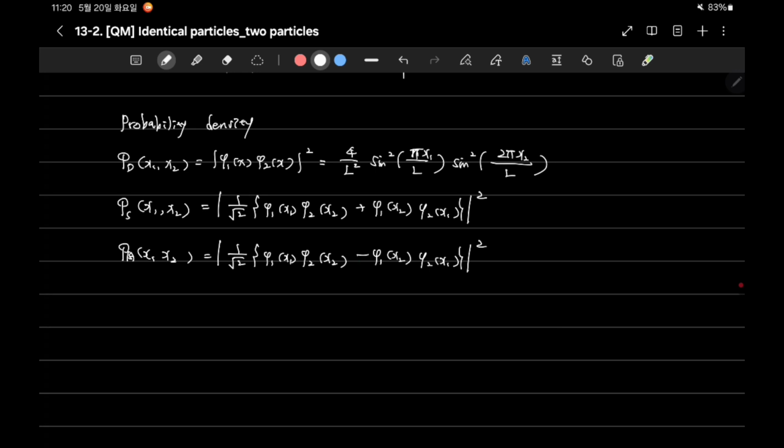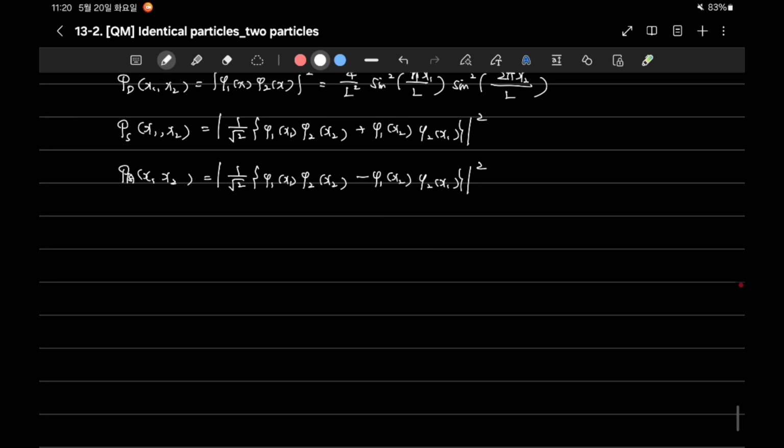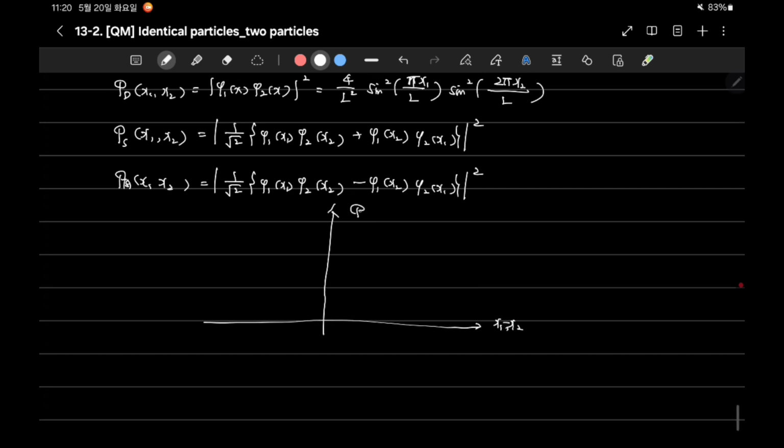Then by calculating this probability density, in the textbook it is written down. It is the probability of the x1 minus x2 case. The distinguishable particles probability is like this. And symmetric particles probability is like this.